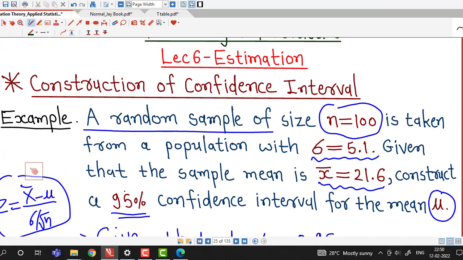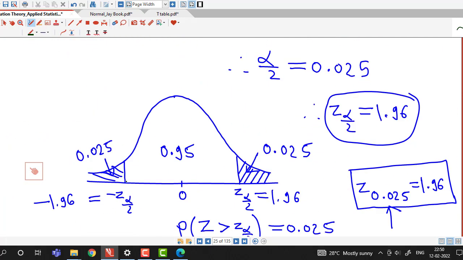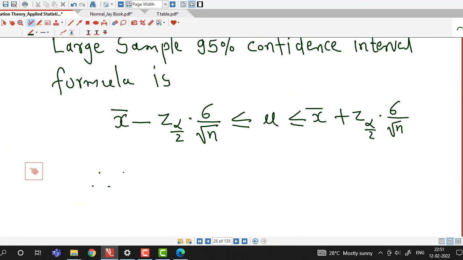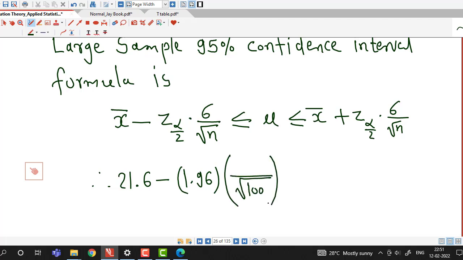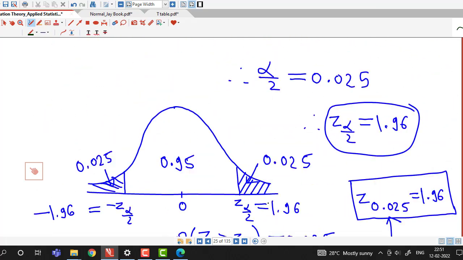X bar, the sample mean, is 21.6. We obtained z alpha by 2 as 1.96. The sample size is 100, so we have square root of 100, and sigma is 5.1.